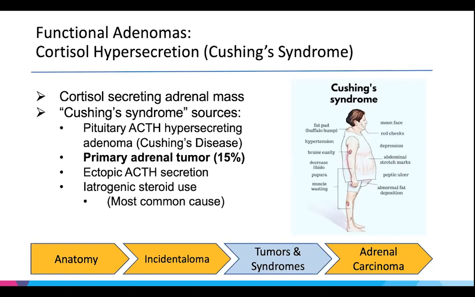Probably all remember the syndrome of Cushing's from medical school: the moon facies, buffalo hump, easy bruising, peripheral muscle wasting. They have abnormal central fat deposition, abdominal striae, and they could have some psychiatric features as well.